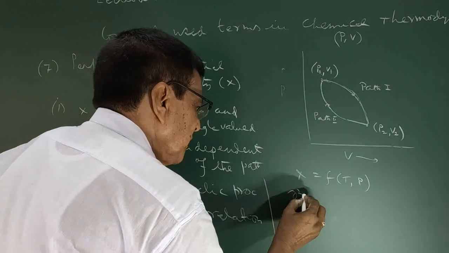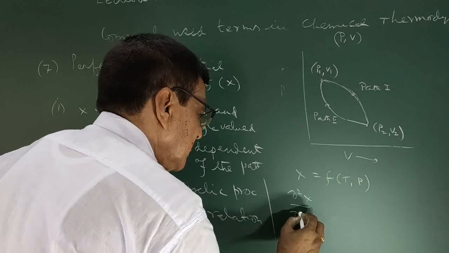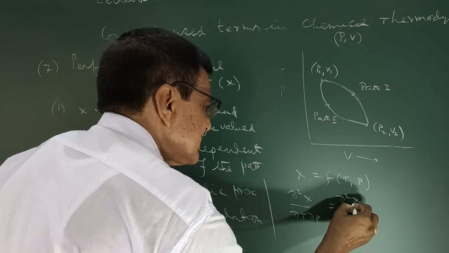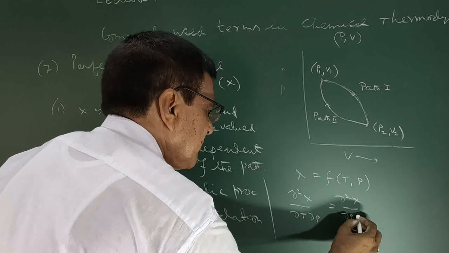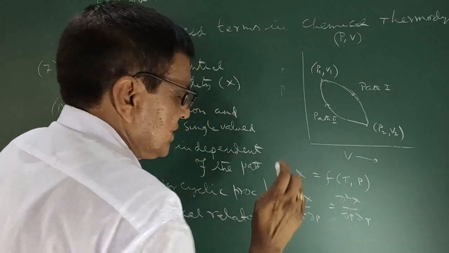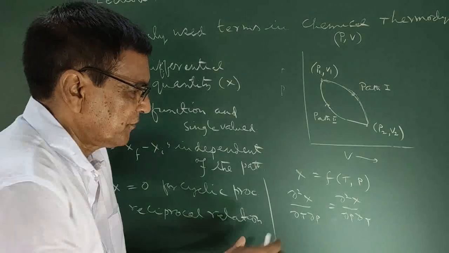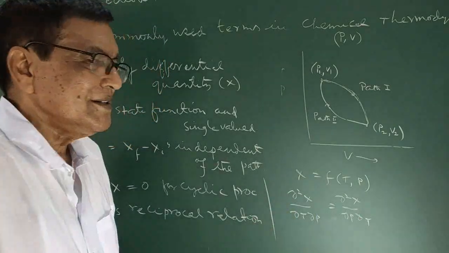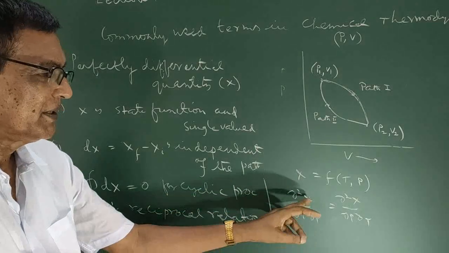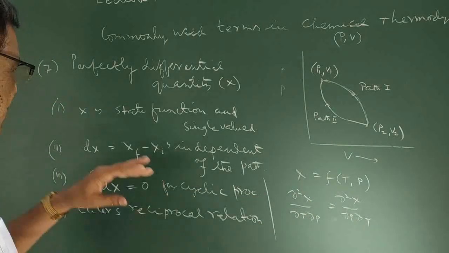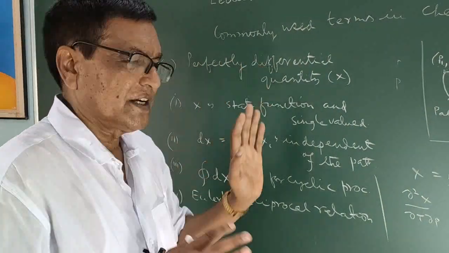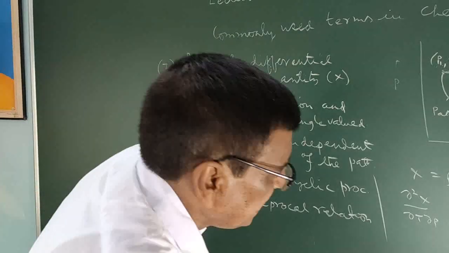Then del 2x divided by del T del P equals del 2x divided by del P del T. It means irrespective of the order of differentiation, the value of each side will be the same. And if this condition is obeyed, then x will be a perfectly differential quantity. We can verify this one.